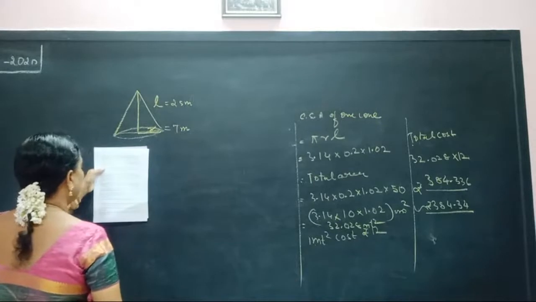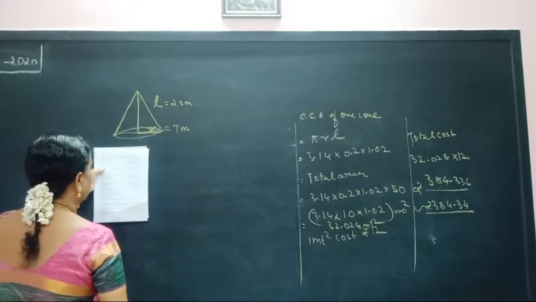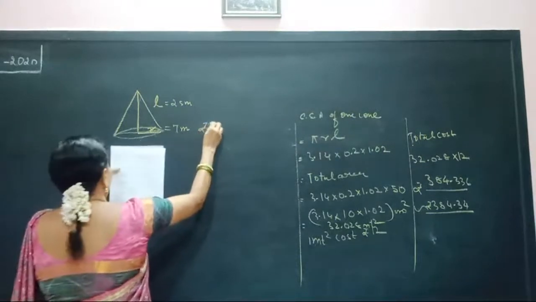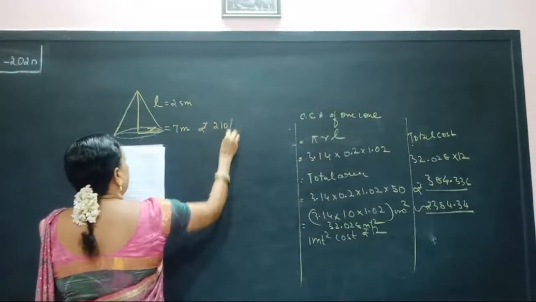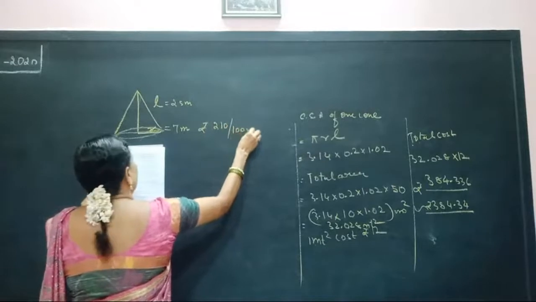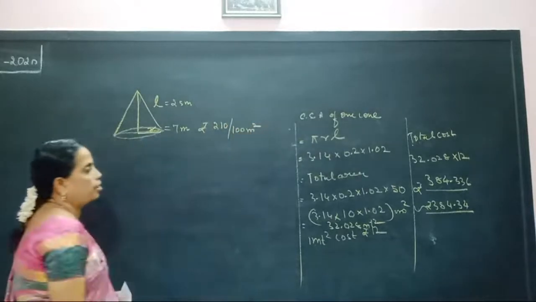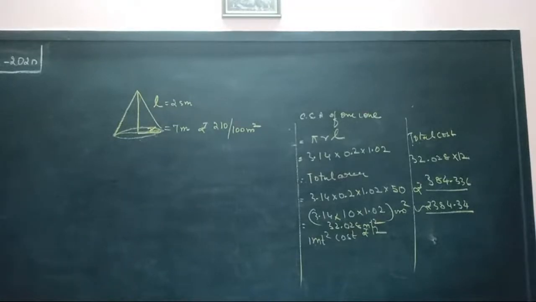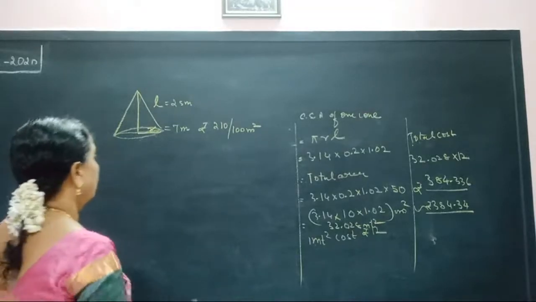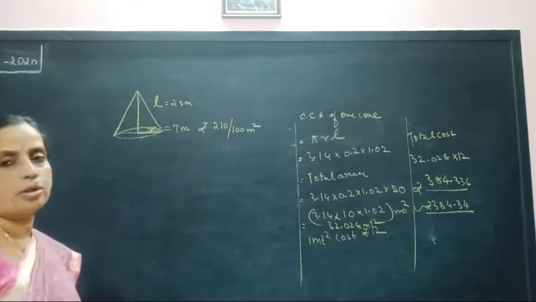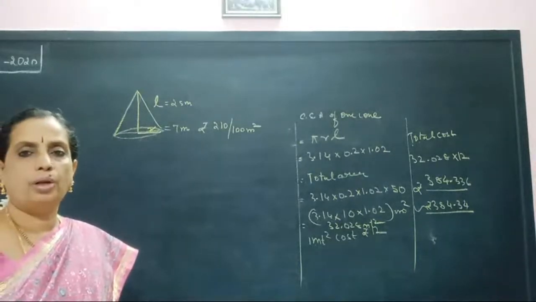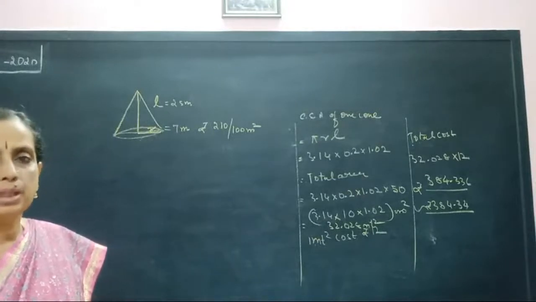Find the cost of whitewashing its curved surface area at the rate of rupees 210 per 100 meters square. It's not only meter square. For 100 meters square, if the cost is 210, what will be the cost of painting the curved surface area of the conical tube? Is that clear?